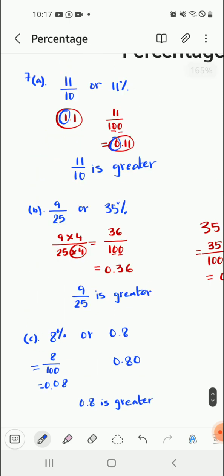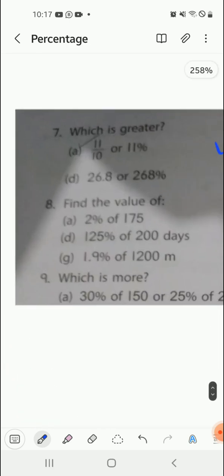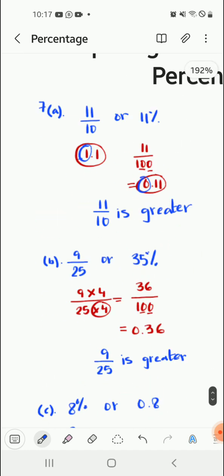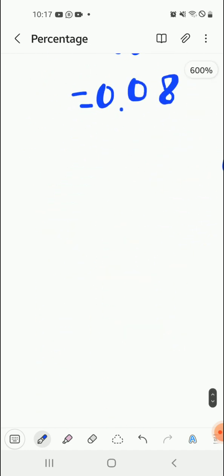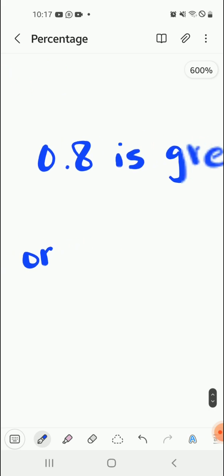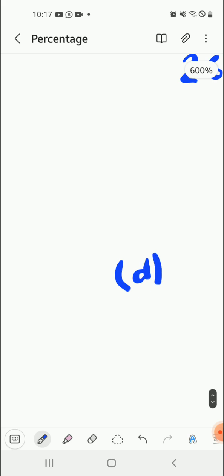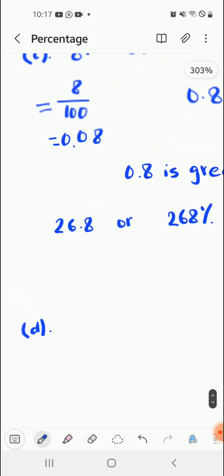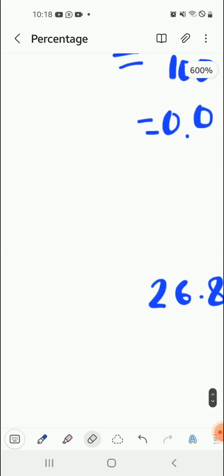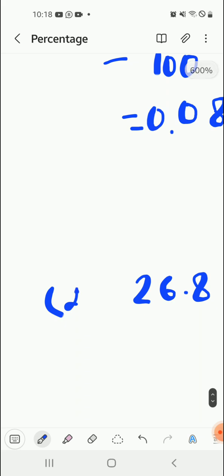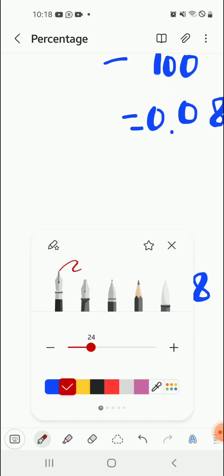We'll move to the next question, number D. We have got 26.8 and 268%. This is our question number D. Now see, convert it.